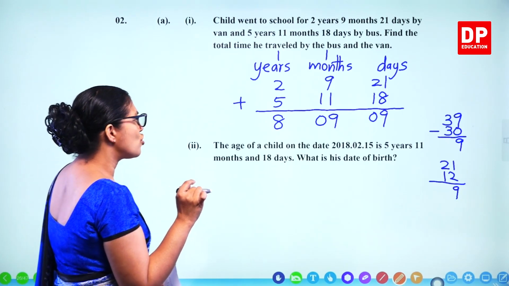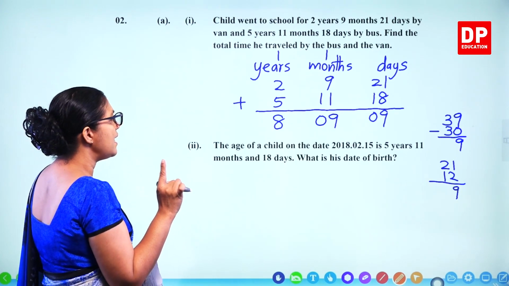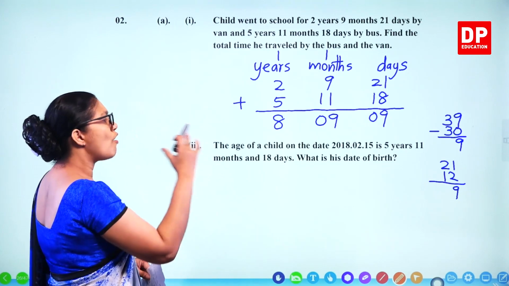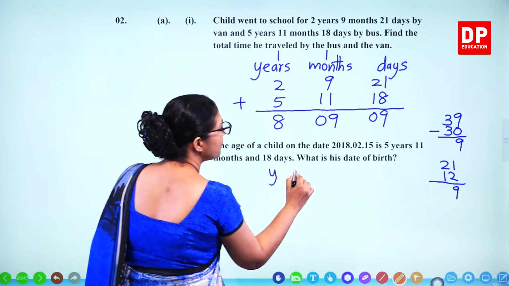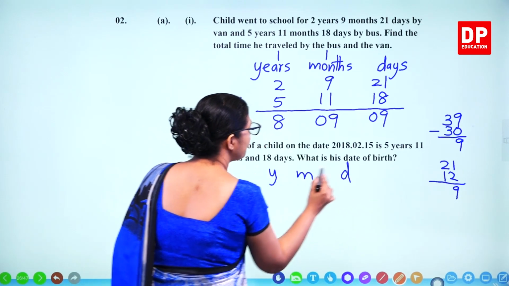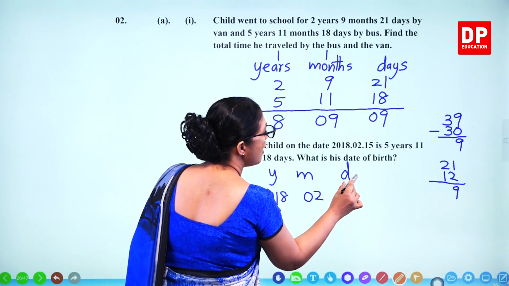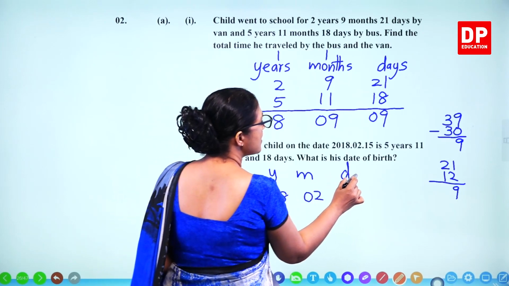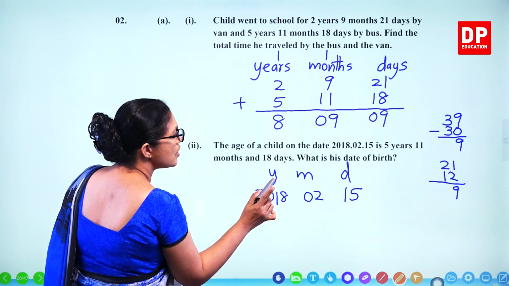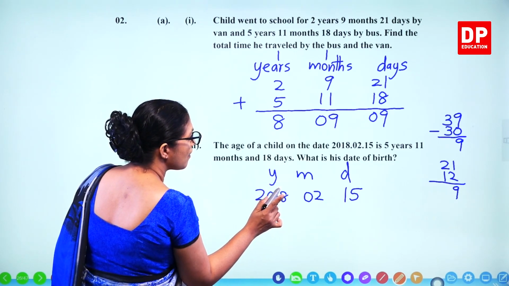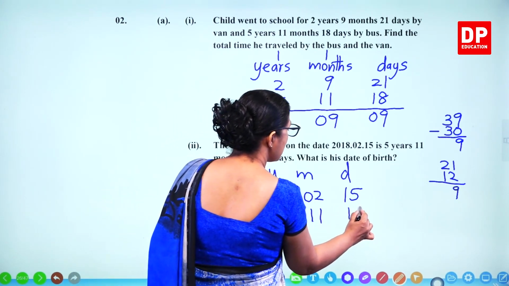Second part: the age of a child on the date 2018, 2, 15 is 5 years, 11 months and 18 days. What is his date of birth? So that means you have to subtract year, month, day. 2018, February, and this one is days, 15. Now the age is 5 years, 11 months and 18 days.